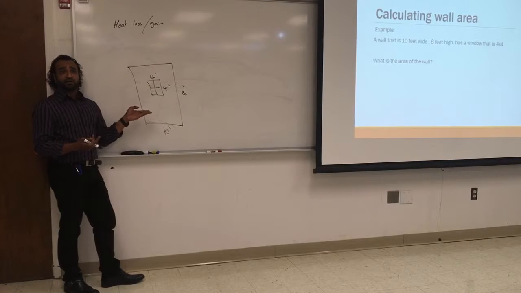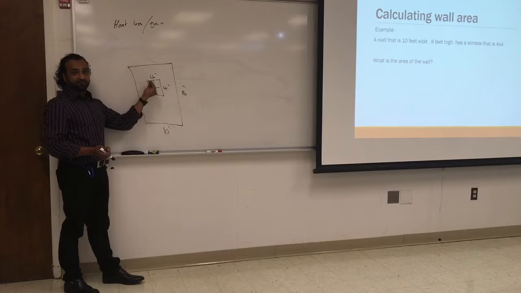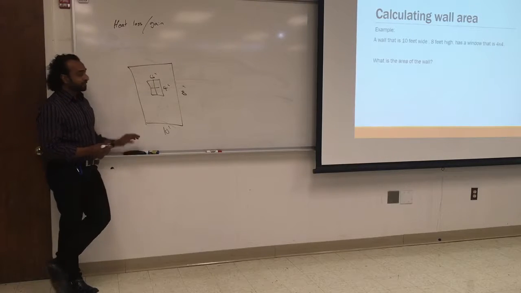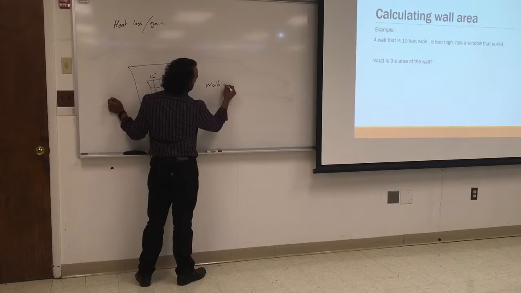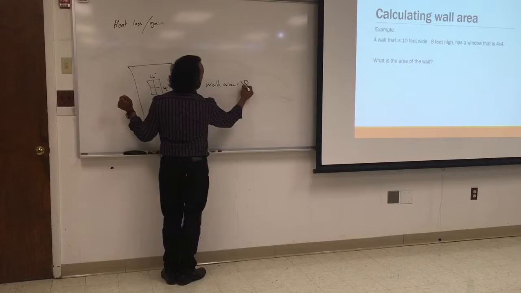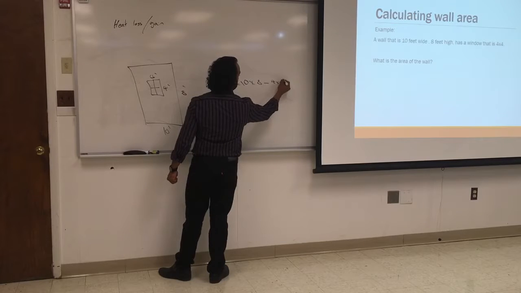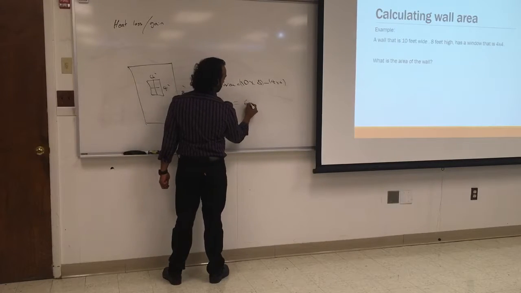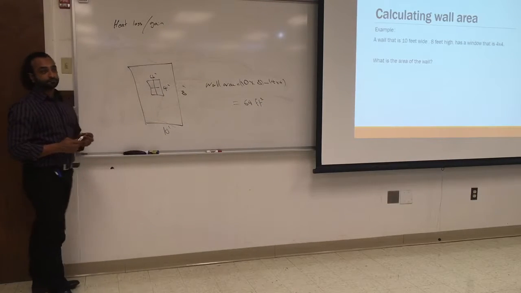So if I want to accurately calculate the heat loss from the wall, I'm going to do the wall material by itself and the window by itself. So the wall area is 8 times 10 minus 4 by 4. What do I get? 64. 64 foot square.